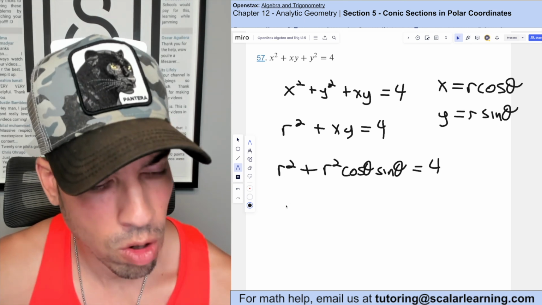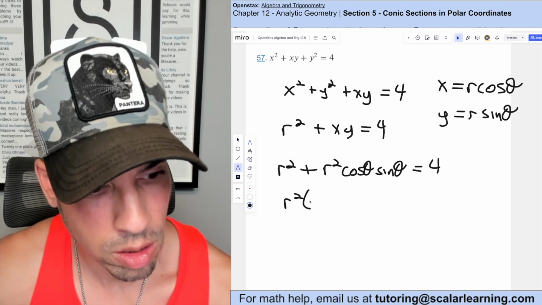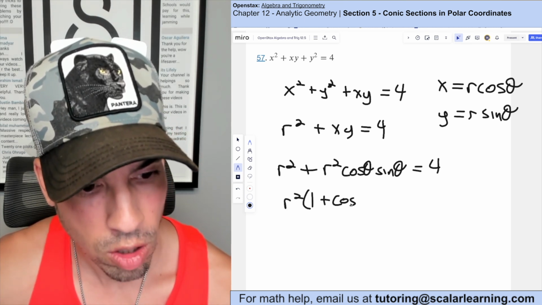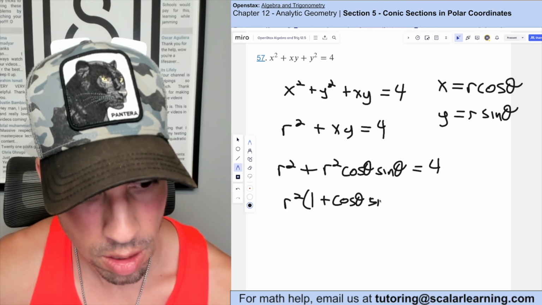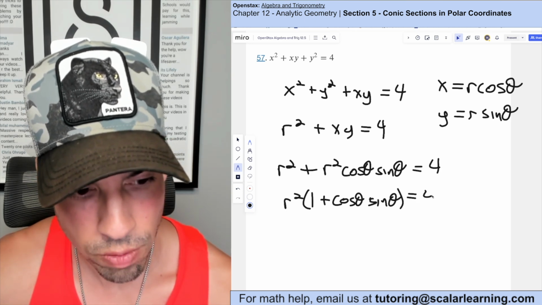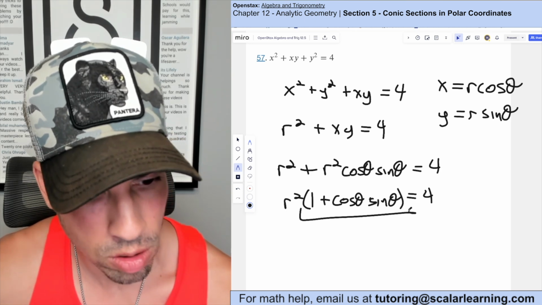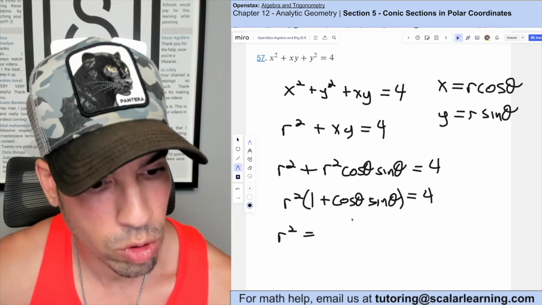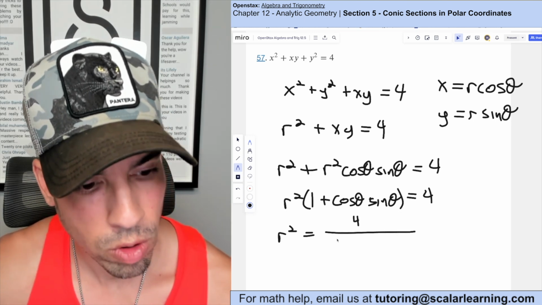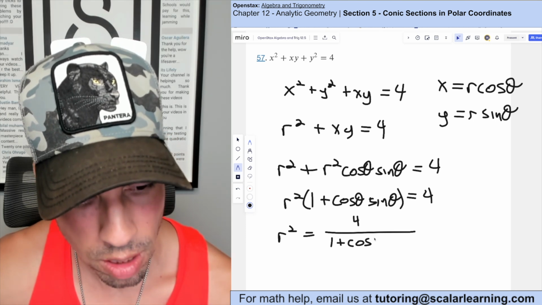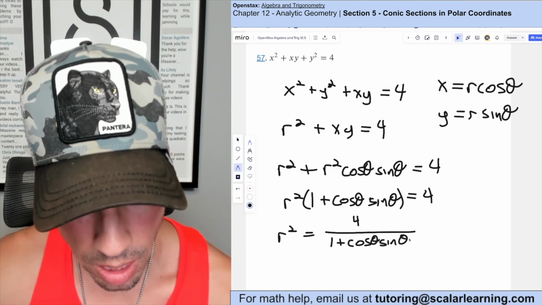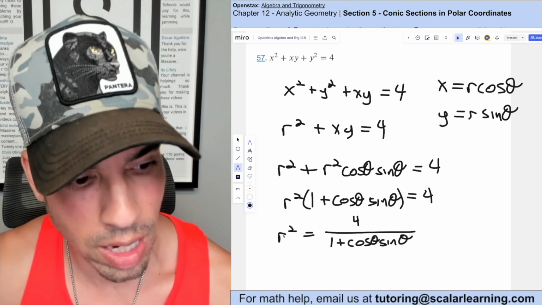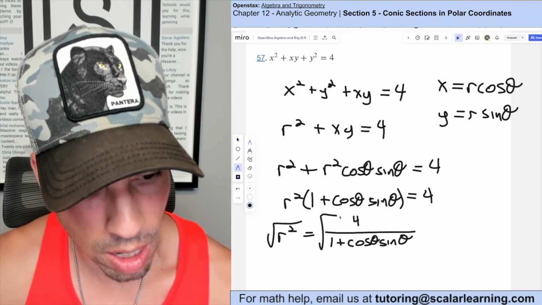Now I'm going to factor out r squared from both sides: r squared times 1 plus cosine theta sine theta is equal to 4. Now I'm going to divide by this quantity here. So I've got r squared is equal to 4 over 1 plus cosine theta sine theta. Last but not least, I want to get rid of that square, so I'm going to square root both sides.